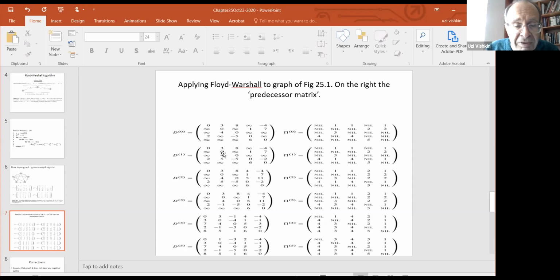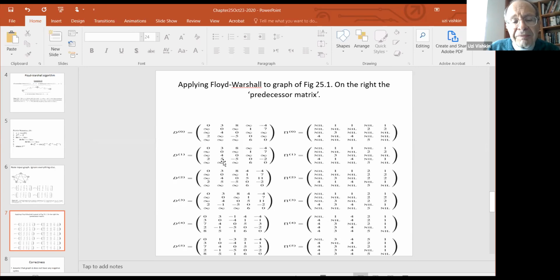So you see here that from vertex 4 to vertex 2, here I had an infinity, here I have a 5, right?